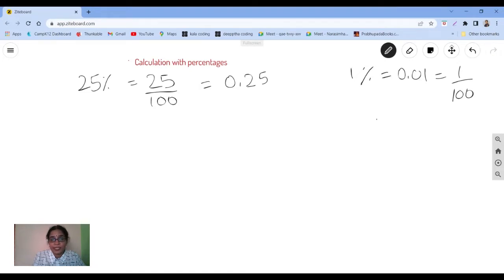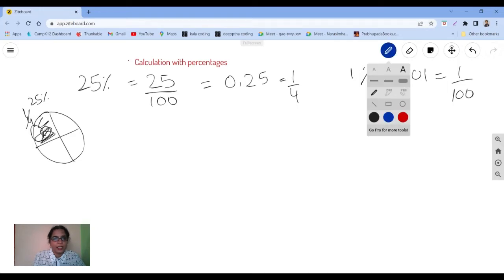Understand that 25% means it's a fraction 25 by 100 or a decimal 0.25. Now 25 by 100, when we do an equivalent fraction, you get it as 1 by 4. That means it is 1/4. It will help you if you remember certain things. For example, if something is full and you take a quarter of it, this is 1 by 4 or this is the 25%.